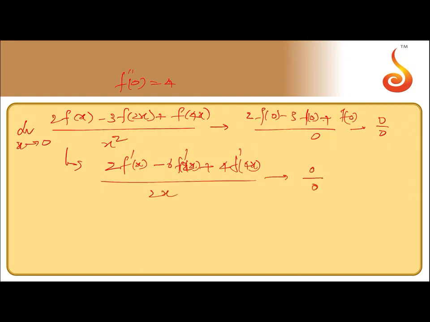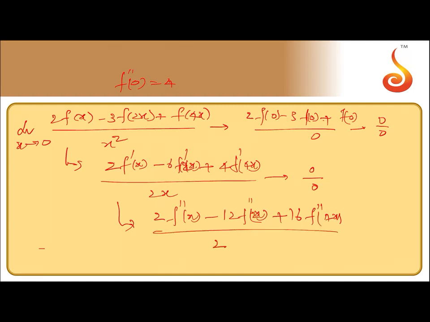Again, this is in the form of 0 by 0, 6 minus 6. So let us apply the derivative again. When you apply the derivative here, 2 times f double dash of x minus 12 times f double dash of 2x plus 16 times f double dash of 4x, divided by 2.